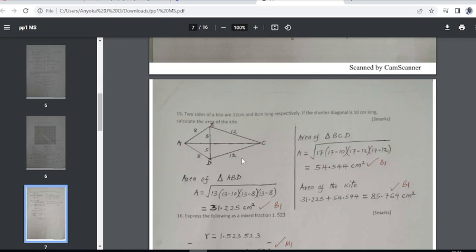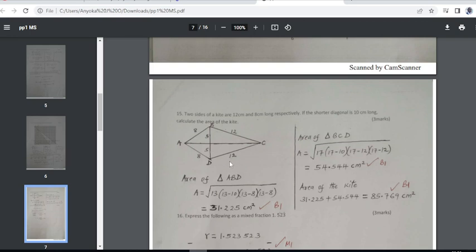Question 15. Two sides of a kite are 12 centimeters and 8 centimeters long, respectively. If the shorter diagonal is 10 centimeters long, calculate the area of the kite.